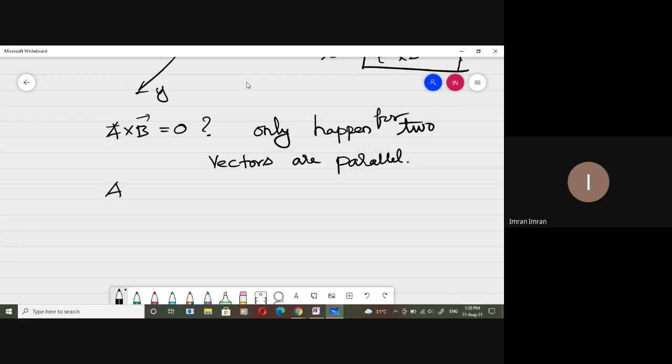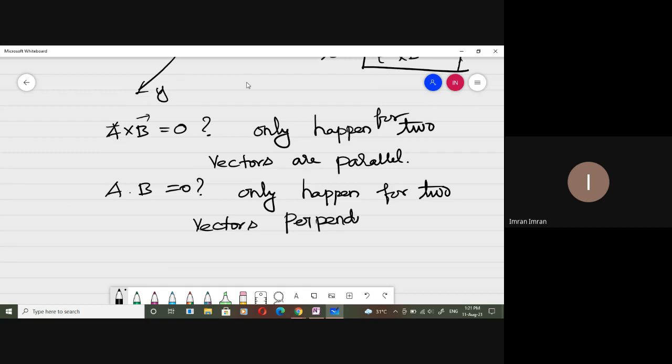In the dot product, if it is 0, that only happens when the two vectors are perpendicular to each other. That's all.